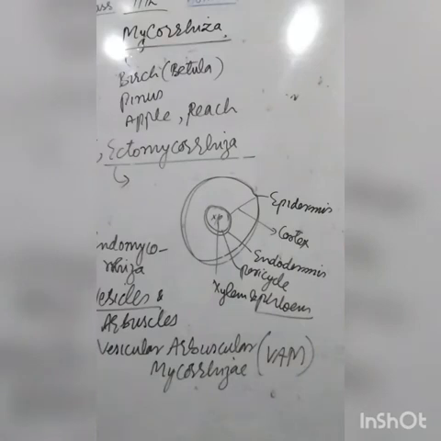This is more efficient than the ectomycorrhiza. The VAM occur in a large number of crop plants. These vesicles and arbuscles help in the absorption of nourishment from cortical cells. A single endomycorrhizal fungus can form association with the roots of a number of plants.